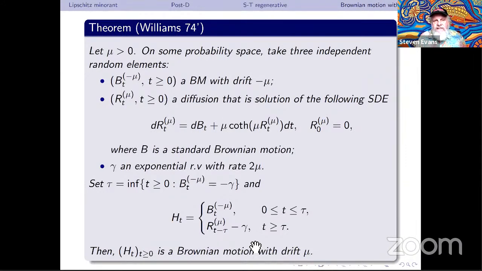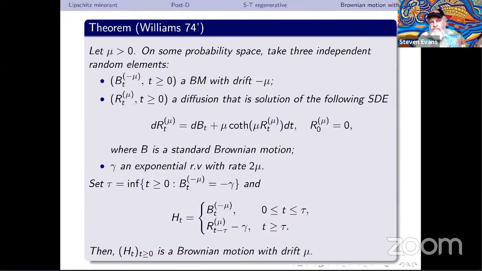It escapes its global minimum looking like a process like this, where R mu is an independent diffusion that solves this SDE here, where B is an independent standard Brownian motion, independent of B minus mu.